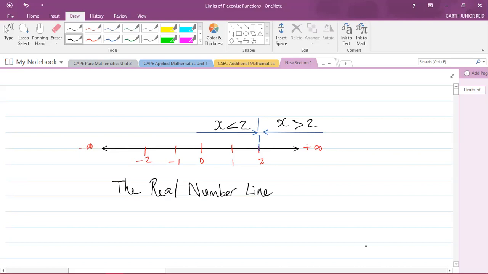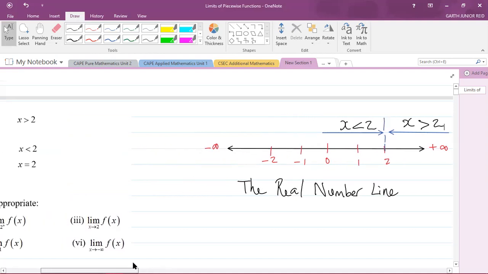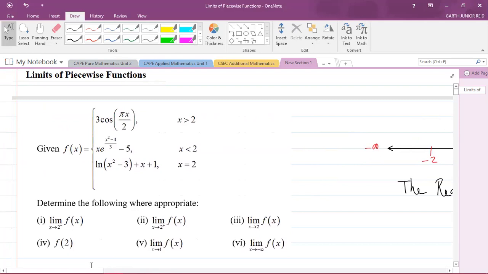And that is to the right of 2. So if I'm approaching 2 from the left-hand side, I'm focusing on the values of x which are less than 2.